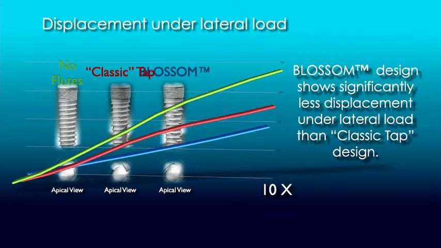The bone becomes like a puree, and the implant is going to move within its osteotomy. When you have a clean cut, like the Blossom cut, you cut just like a sword into fresh bone, and you anchor your implant into fresh bone, and it's moving nowhere.